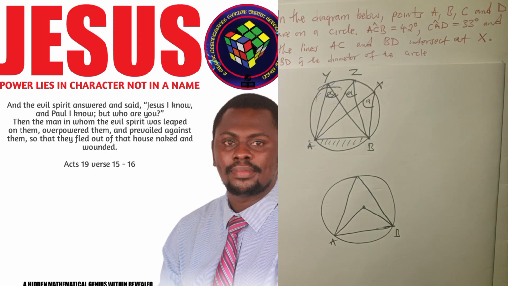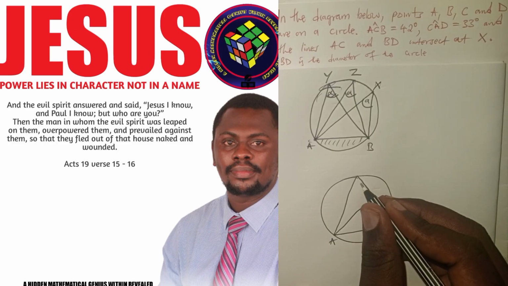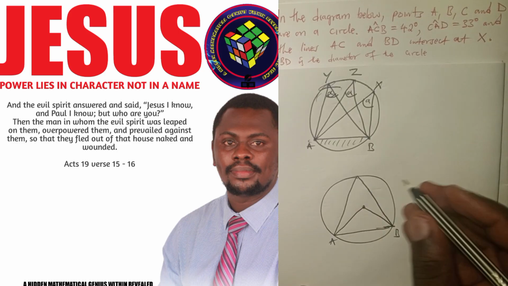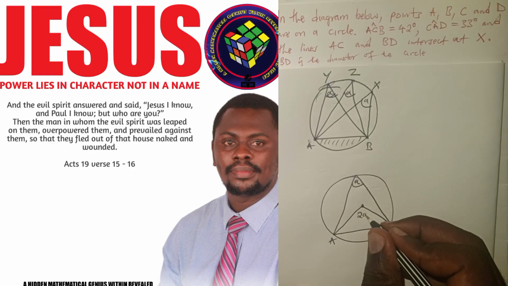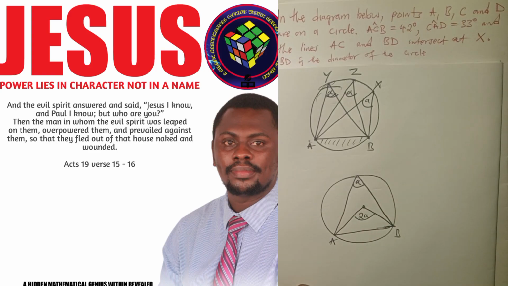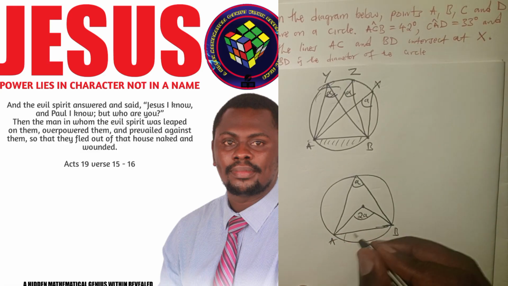So what you should remember is that the angle at the center is twice the angle at the circumference. So if this angle at the circumference is A, then at the center it will be 2A. You just multiply by 2 if they are coming from the same arc, chord, or segment.